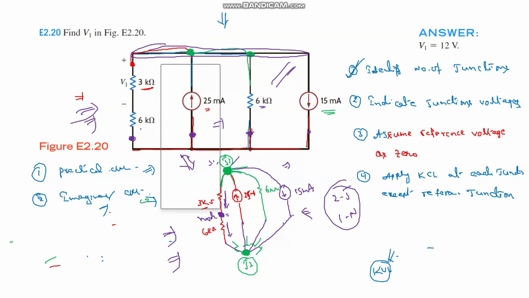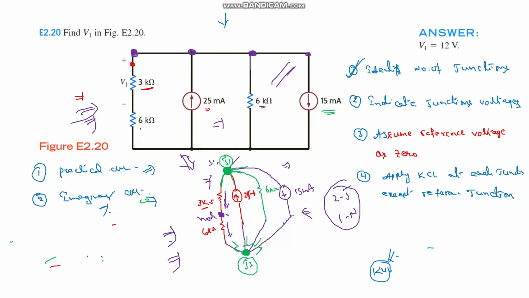In the imaginary circuit, this point is the same as this point, and this one, and this one. These four points are the same. So if you observe the practical circuit, we call this junction one.